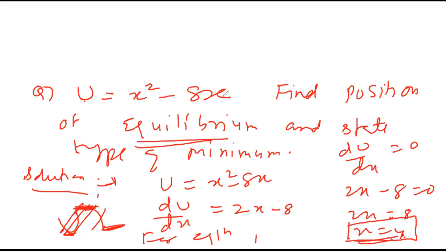So at x equal to 4, either maxima or minima, the derivative is 0. Shall I rub this everything? Yes, sir. Okay.